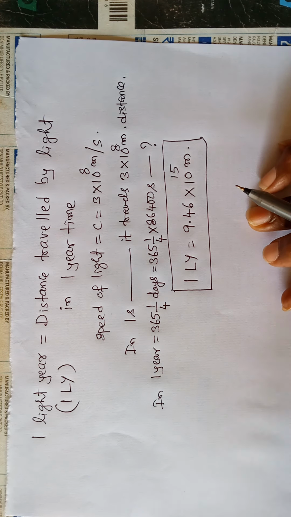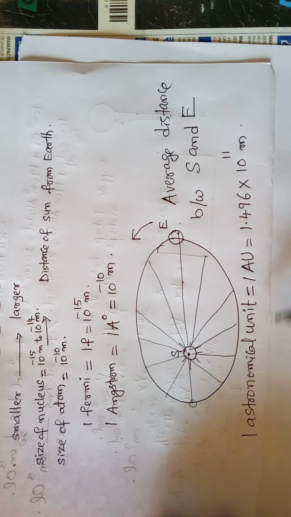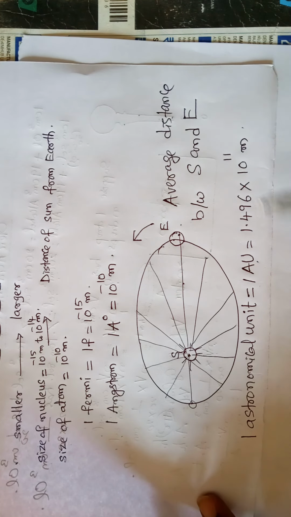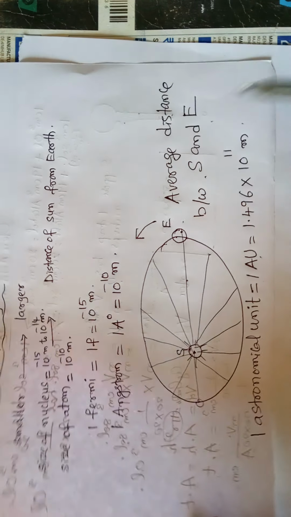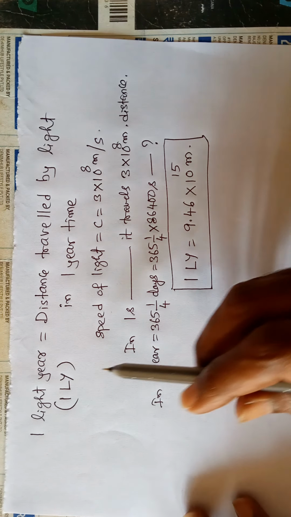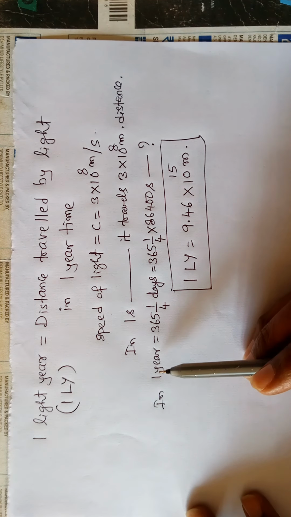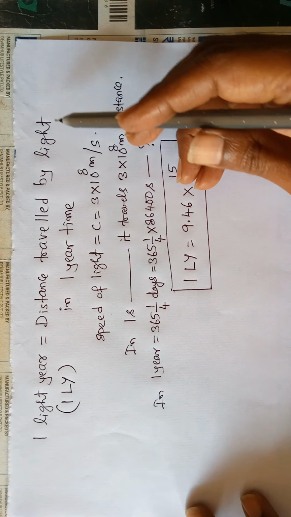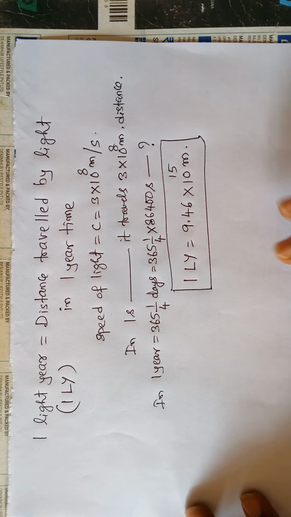First unit was astronomical unit. One unit is astronomical unit, which is defined as the average distance between sun and earth. And another larger unit is light year, which is defined as the distance traveled by light in 1 year time.